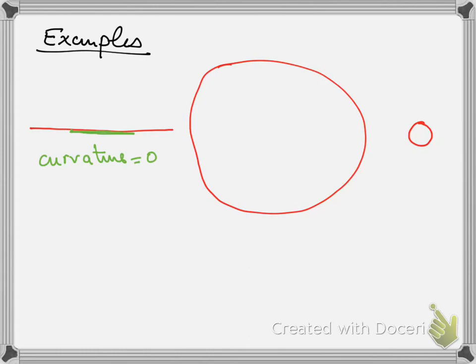On the big circle, if you take a point here, it's kind of flat, but later it's going to change the direction a little bit, right? So if it changes a little bit of direction, then the curvature here would be small. And on this very small circle, if you are at this point, of course, you're going to change the direction quickly.